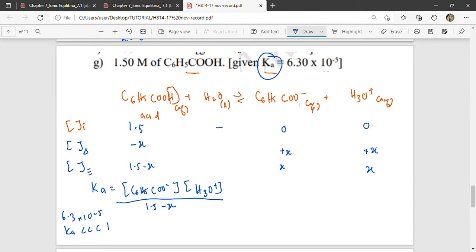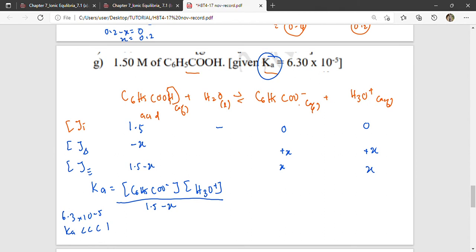Therefore the value of 1.5 minus x will be 1.5. If the value of Ka is very small, when you solve for x, you will get a value of x that is also very small. So we just assume that 1.5 minus x is equal to 1.5.